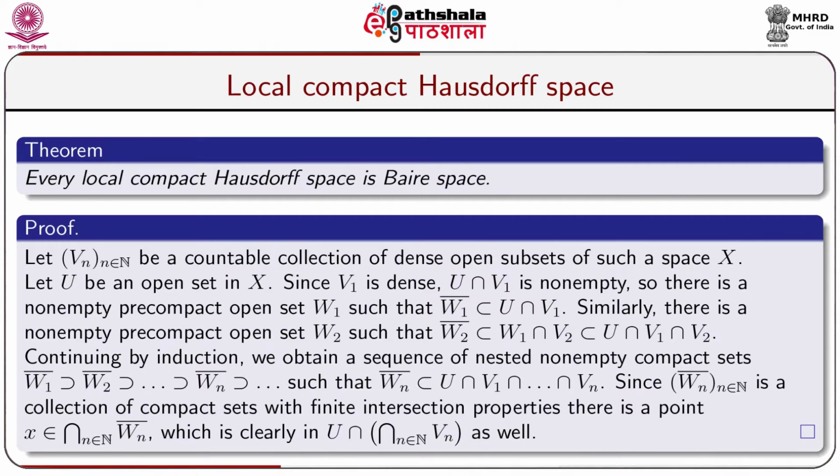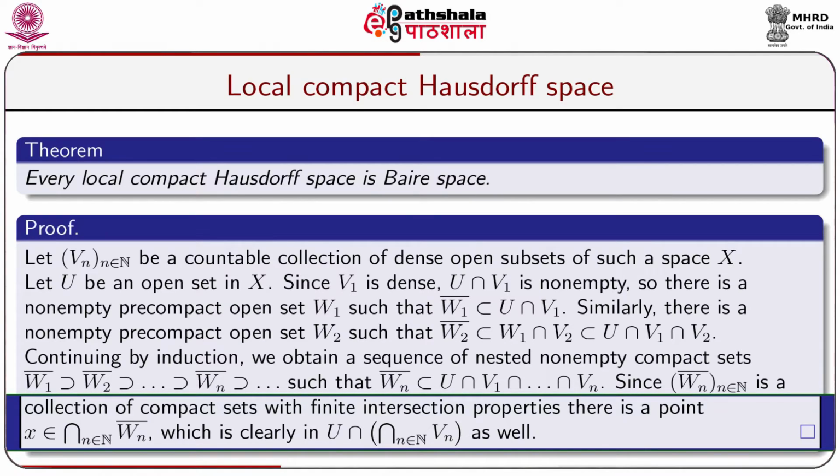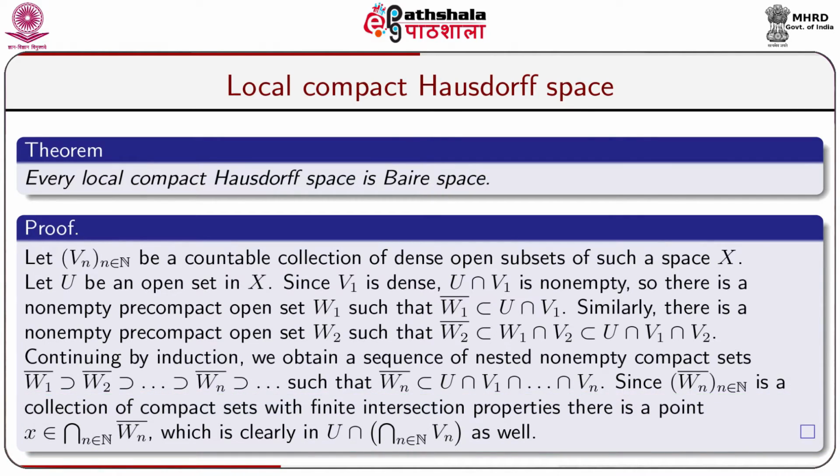Now, since closure of Wn, n belonging to the natural numbers, is a collection of compact sets with the finite intersection property, their intersection is certainly non-empty.